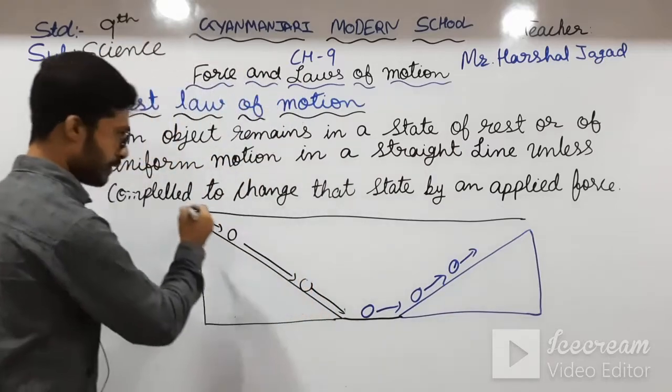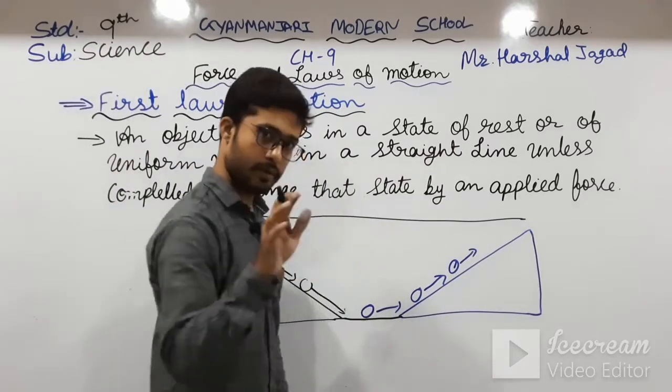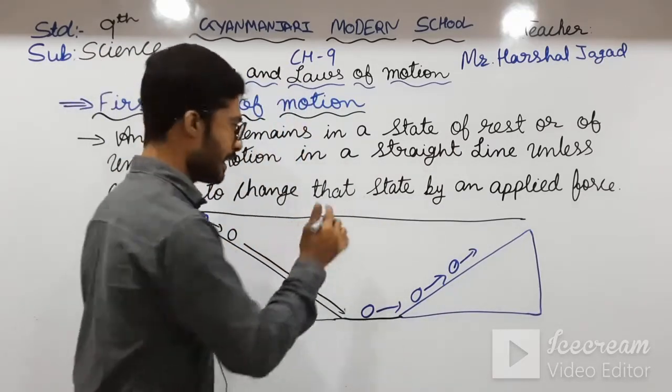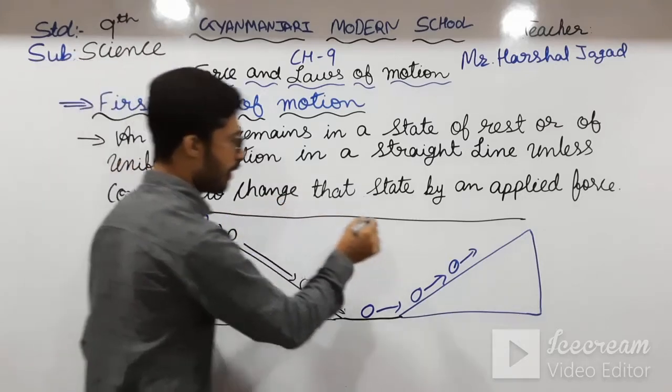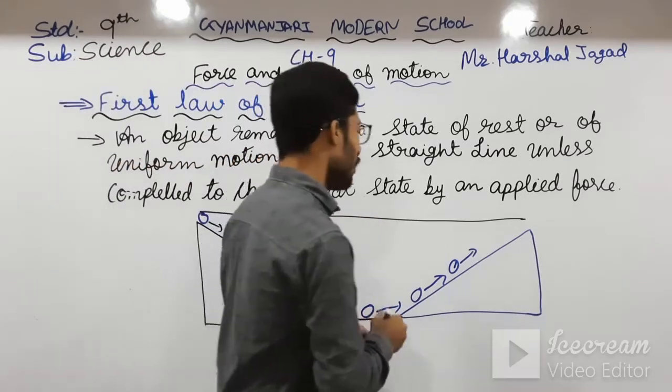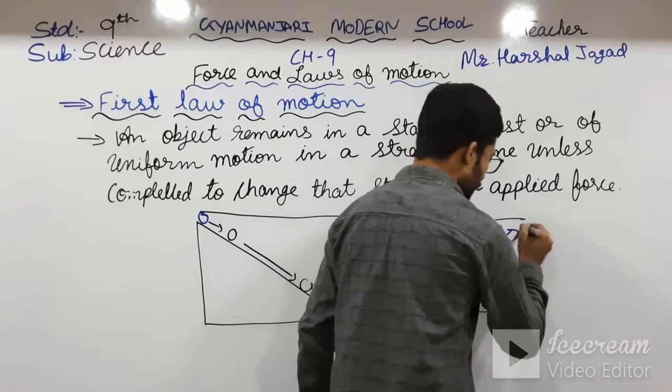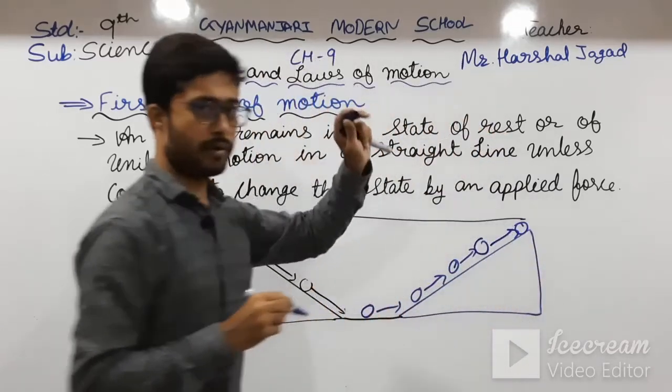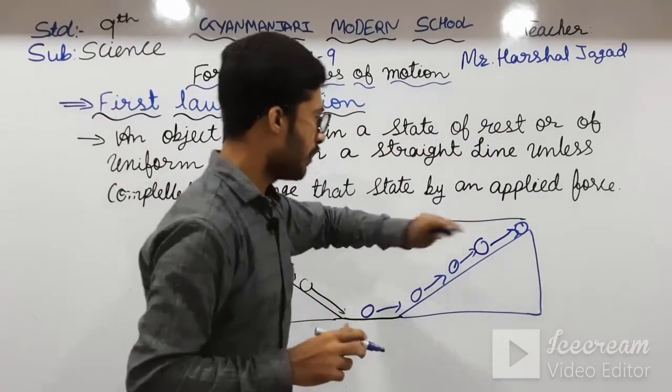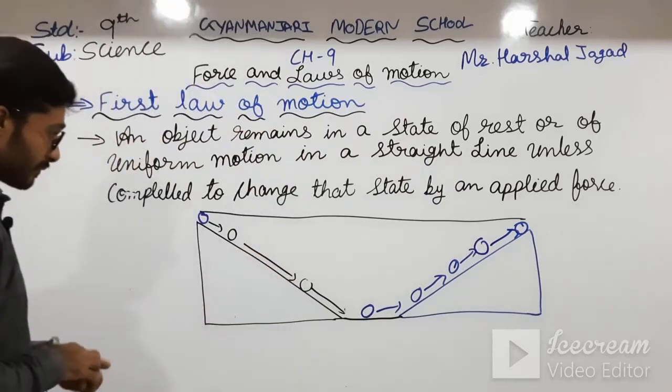I know that this is not a straight line. Just you have to imagine that it is a straight line. This height the ball has to achieve. Okay, students, here the ball has reached. I have drawn that ball.